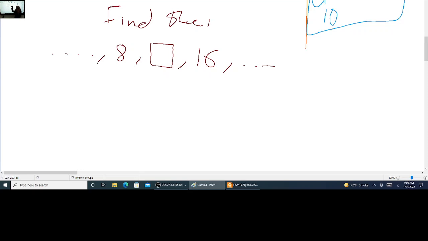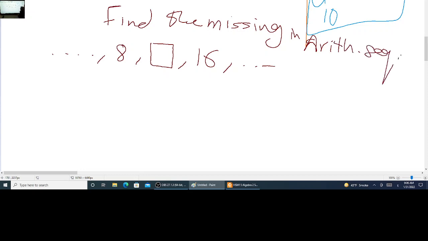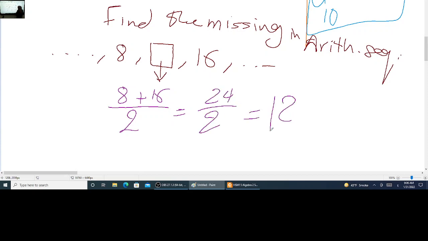We know that this sequence is an arithmetic sequence. So to find this missing term, we want to find the arithmetic mean. So this equals 8 plus 16 over 2, which is 24 over 2, equals 12.